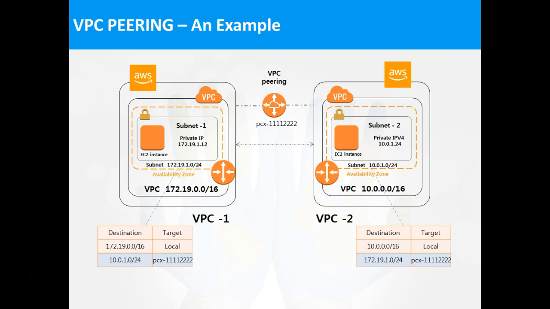The peering connection will get active only if the slave accepts the connection request from the master. Once the peering connection is active, we have to update the route tables as per the subnet CIDR addresses on both sides of the VPC.